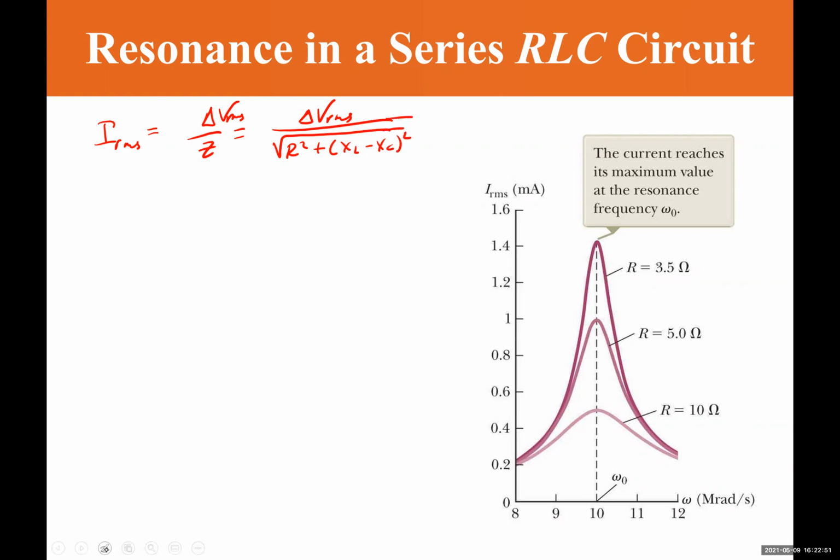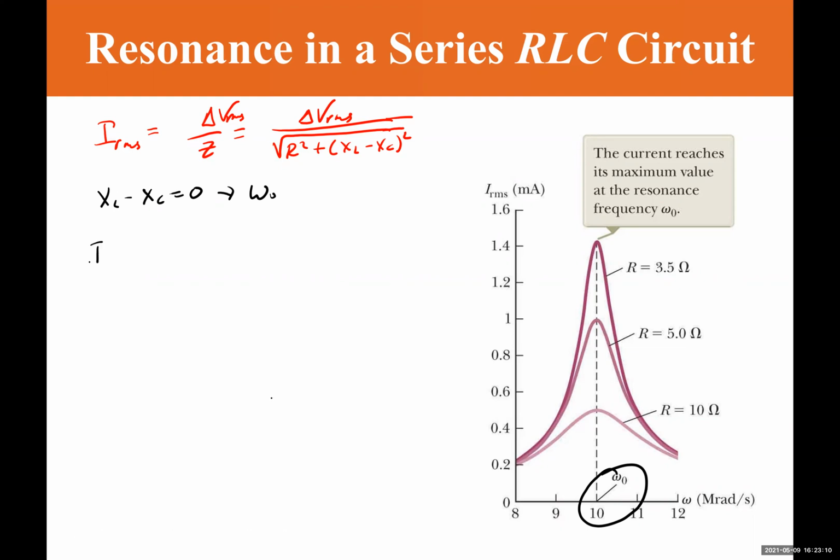Now at the frequency where X sub L minus X sub C equals 0, we call that frequency the resonant frequency, some omega naught.